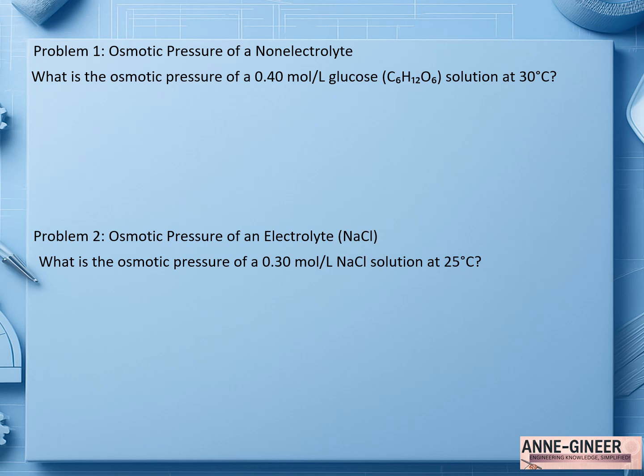For example, problem number one, we have the osmotic pressure of a non-electrolyte. The question is, what is the osmotic pressure of a 0.40 mole per liter glucose solution at 30 degrees Celsius?